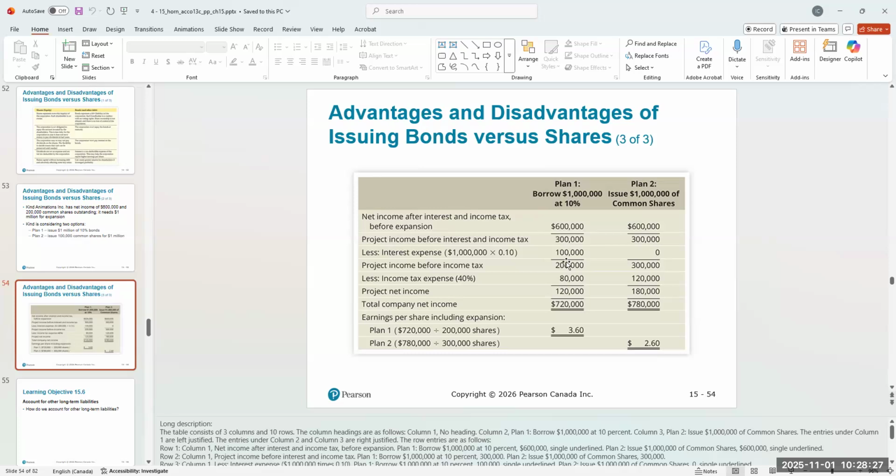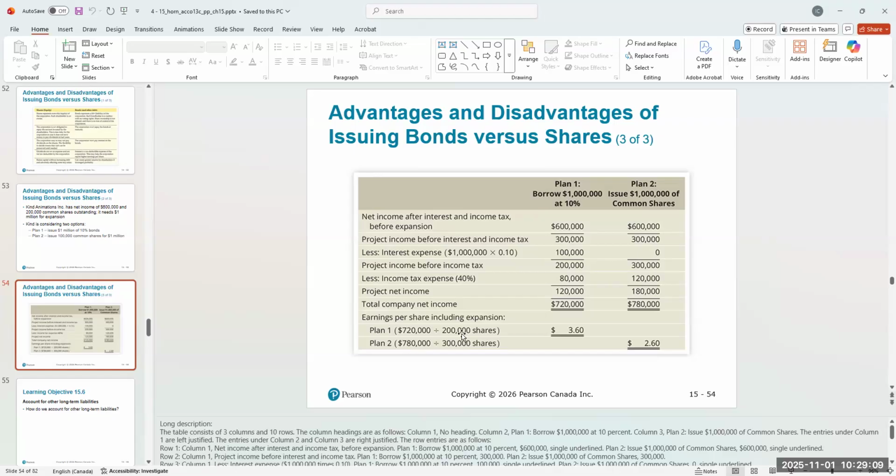So effectively, the percentage that we're paying on the borrowing is not 10%. It's actually 6%, because by adding $100,000 in expense, we save $40,000 on taxes. Plus, when we add the projected income to the current income of 600,000, since we're not increasing the number of shares, our earnings per share is higher.